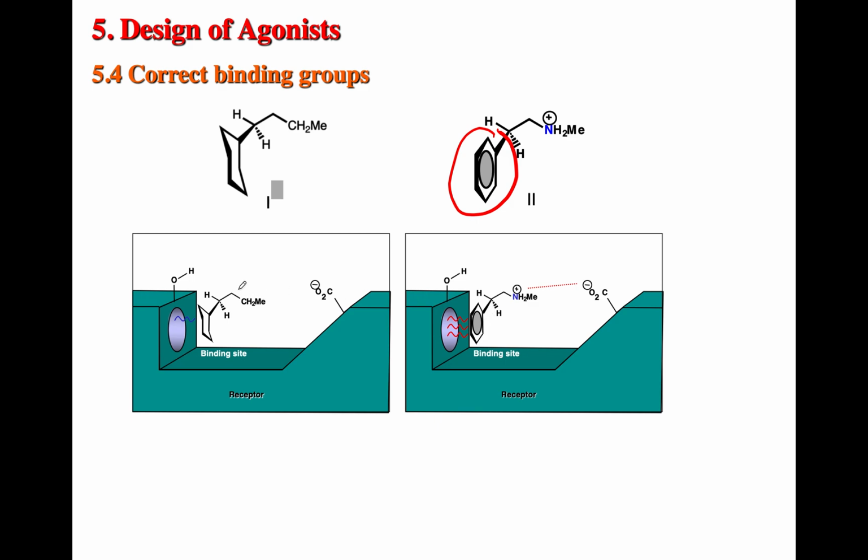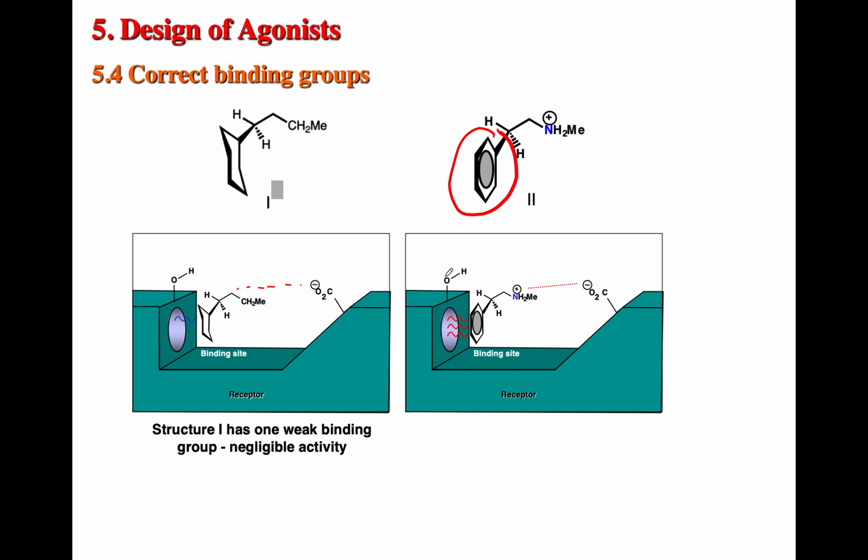Now in this case you don't have the ionic interaction that would have happened here. In this case, you have the positive charge and the negative charge, so you have an ionic interaction taking place. One more thing that's missing, you don't have the hydrogen bonding interaction that would have happened here. So you are missing some of the groups that were present in the other analogs.